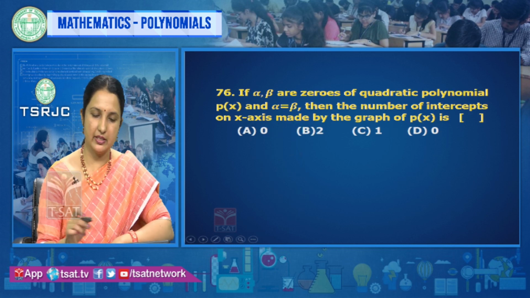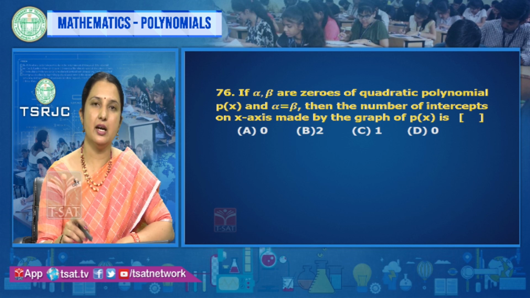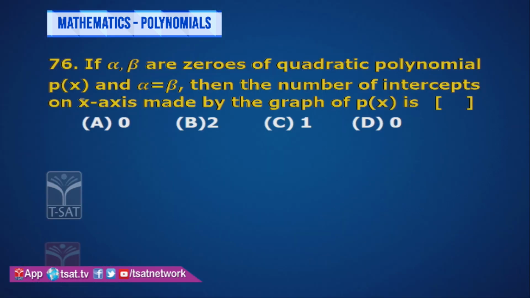Next, question number 76. If alpha, beta are zeros of quadratic polynomial p of x and alpha equals beta, then the number of intercepts on the x-axis made by the graph of p of x is? Both zeros are equal to one another. If one of the zeros is 1, the other is also 1. If one is 2, the other is also 2.